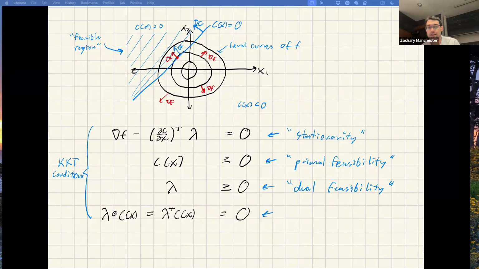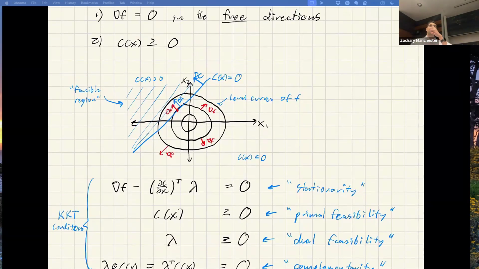And then this last one is called complementarity, or complementary slackness. This actually encodes switching behavior. Roughly speaking, I've got two options as far as the constraints are concerned.